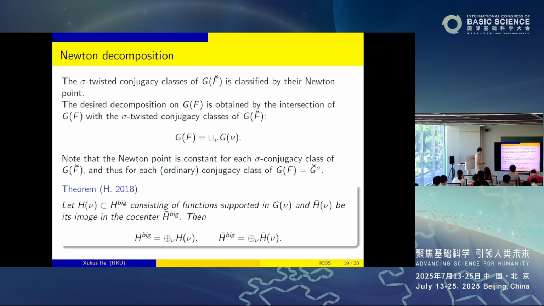But each of these is a Newton stratum. Each of them contains a small open neighborhood, and this is discrete, so this leads to a nice decomposition for the Hecke algebra and its cocenter.